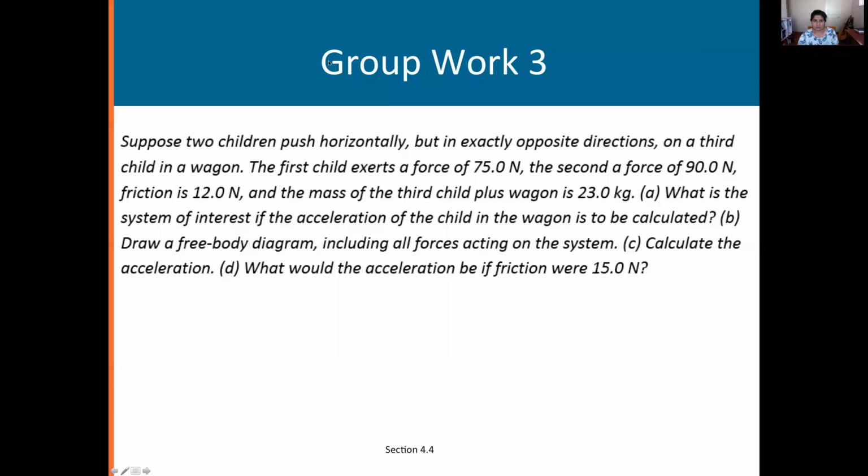So let's try to show that. Say here's our center of mass, and the first child exerts a force, let's say, of 75 newtons to the right.